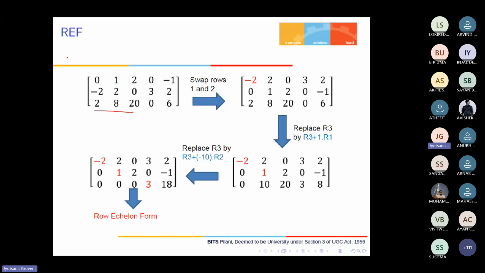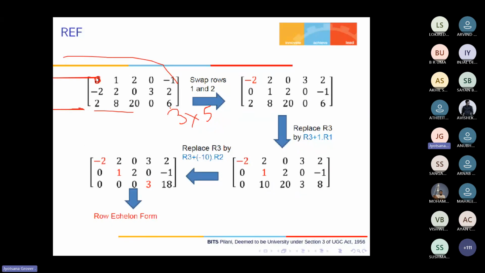Okay, so now the number of rows is 3, the number of columns is 5, so 3 cross 5. We have to convert it into the REF form. First you try to bring it. Now here it is 0.